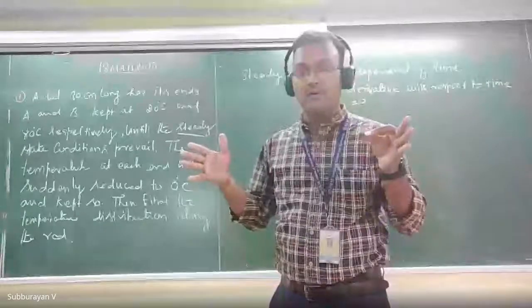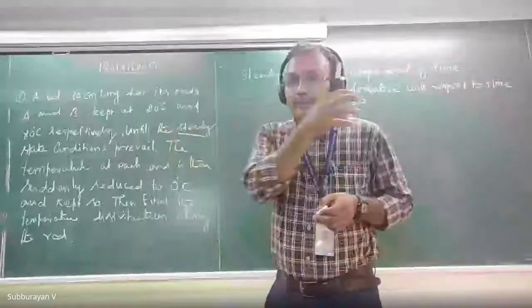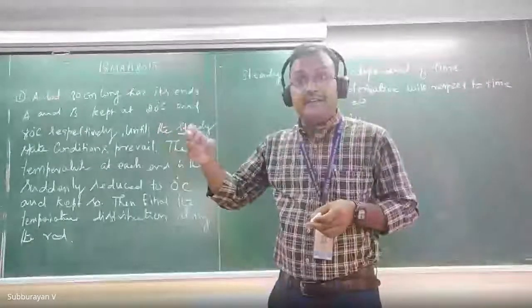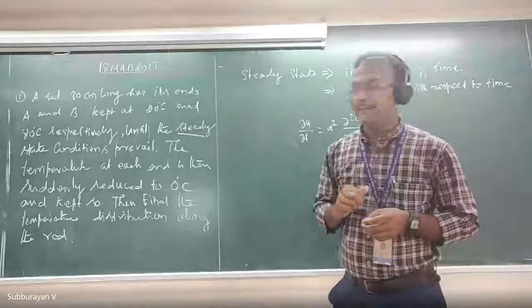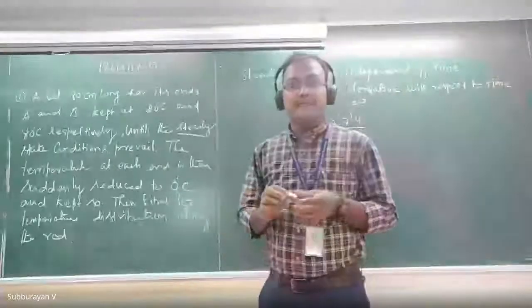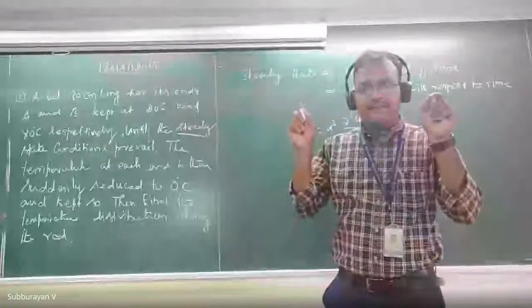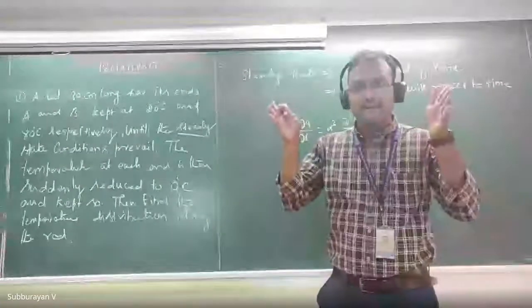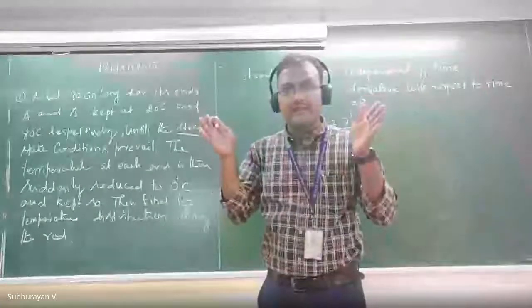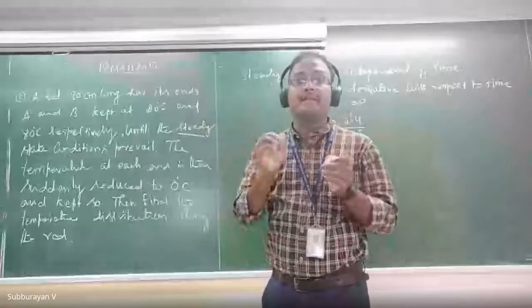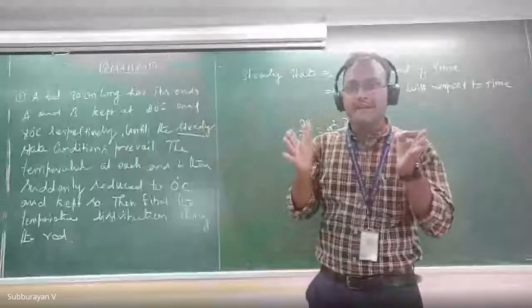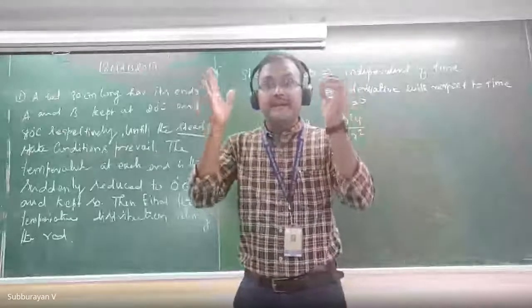See, therefore, the temperature along the rod, initially it is independent of time. Whereas if I disturb the temperature at both ends, then the temperature will vary with respect to time. Till then, the problem is independent of time.